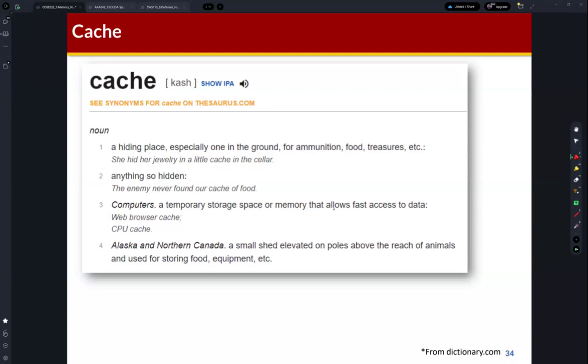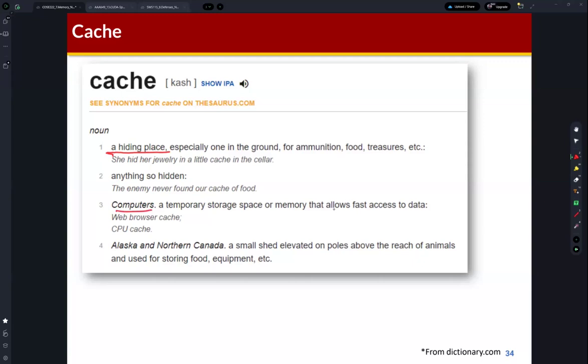In a normal case, cache defines a hiding place. But this is not the meaning of a cache in a computer system. So you can check this one, the computers. So what is a cache?